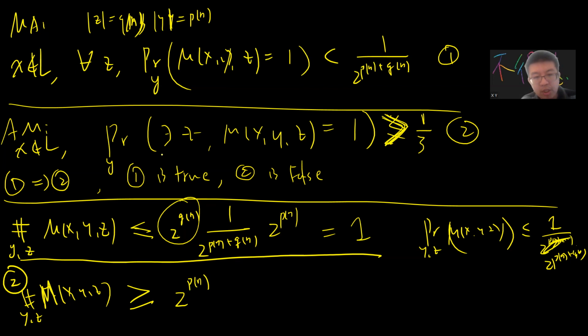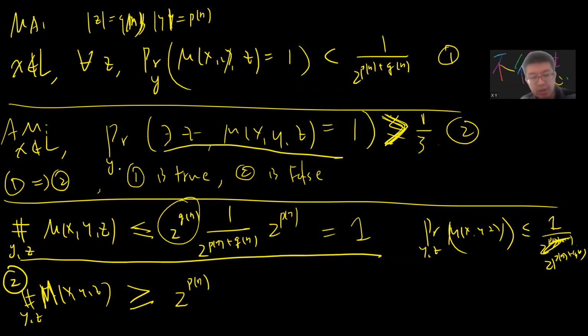And for all these y, there exists a z. The fraction is that for fixed y, there exists a z such that this is true. It's greater than 1/3. So let's say for each y, if this is 1, there's only one such z, right? This is the smallest case, right?